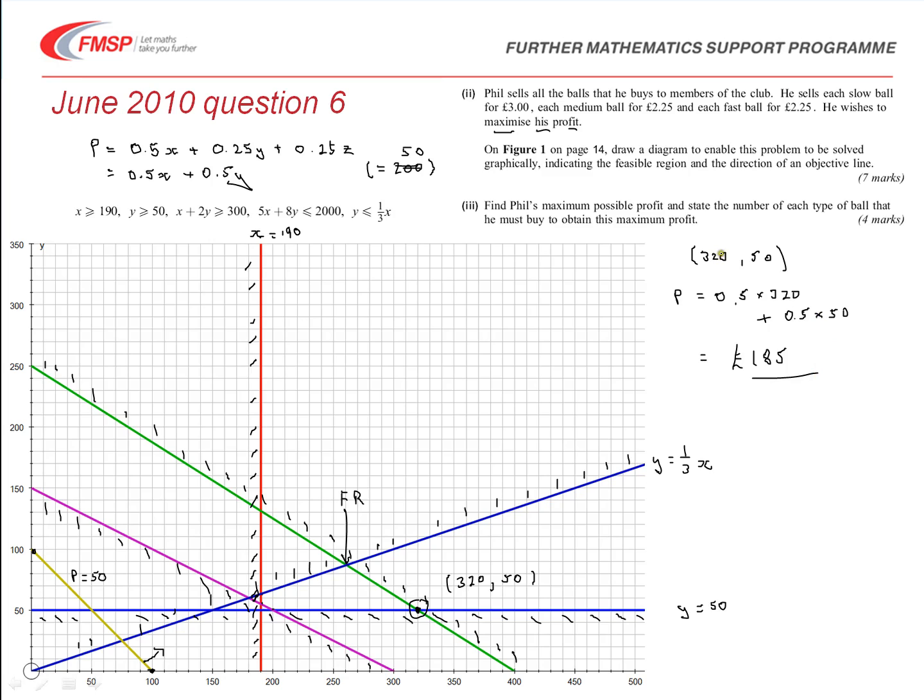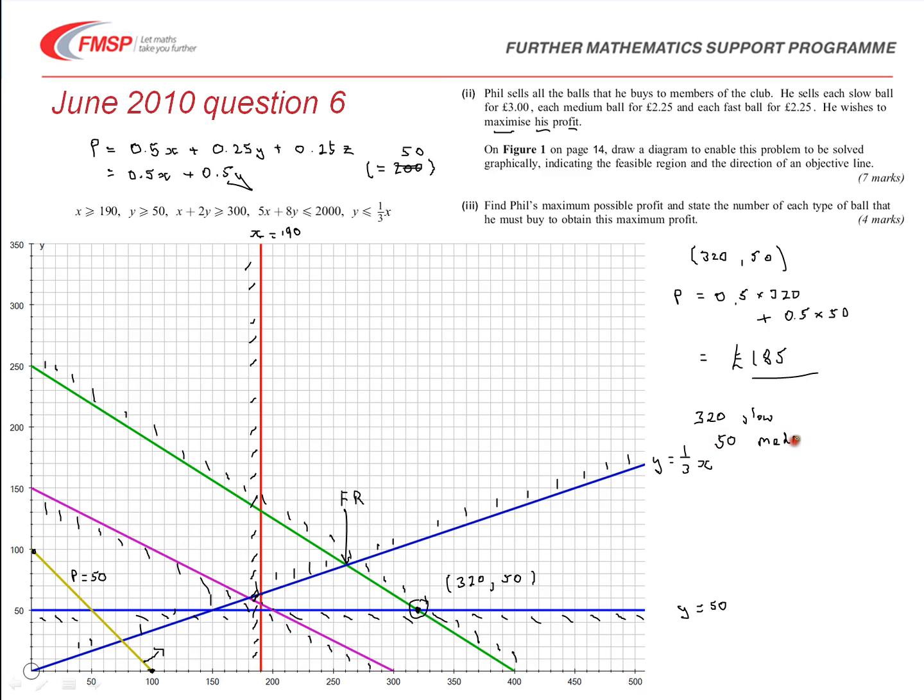And in order to obtain that profit, we've got to say how many of each type of ball we choose. So there'll be 320 because that's the x value, so that's the slow ones. Then the medium ones, there'll be 50 of those because that's the y value.